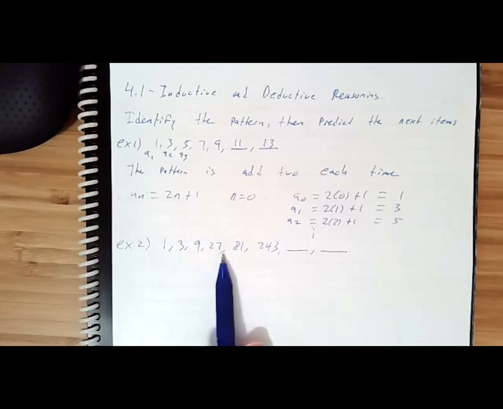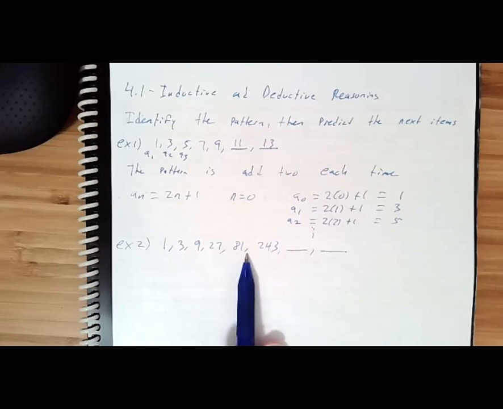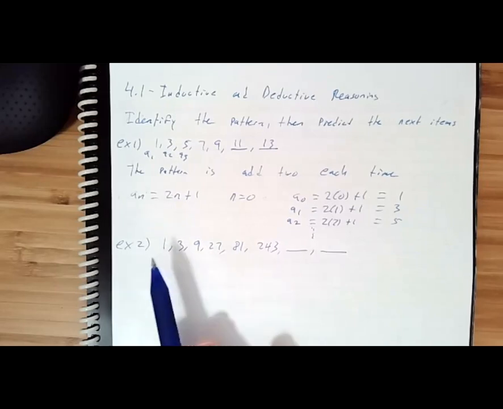These are powers of 3. 3 squared is 9, 3 cubed is 27, 3 to the 4th is 81. 3 to the 0 is 1.